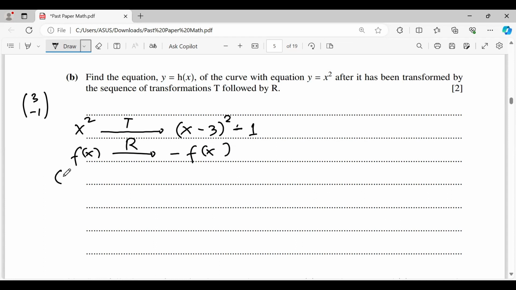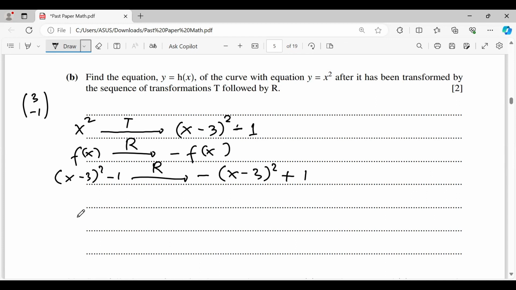So if f(x) equals x squared, after this transformation, (x minus 3) squared minus 1, it becomes minus (x minus 3) squared plus 1, because minus and this minus becomes plus 1.